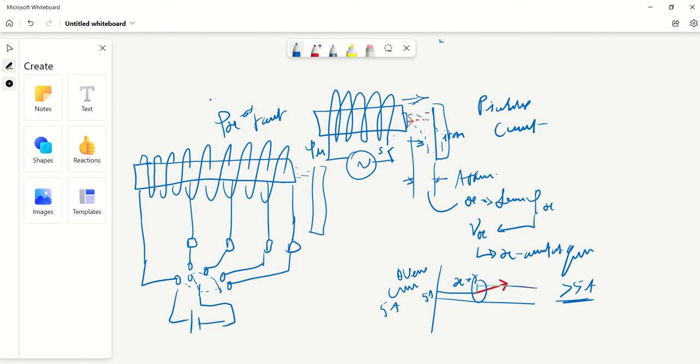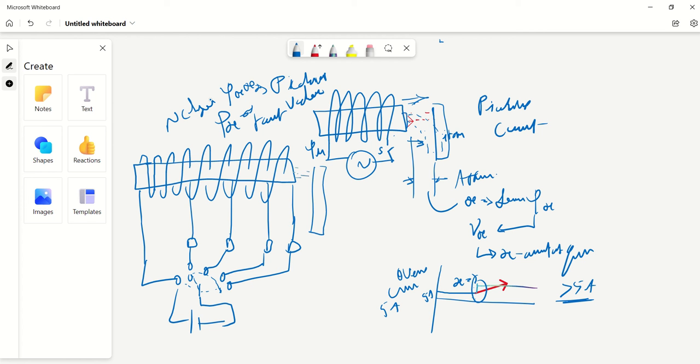If the number of turns n changes, then psi of x changes. If psi of x changes, then the pickup value of the relay also changes.